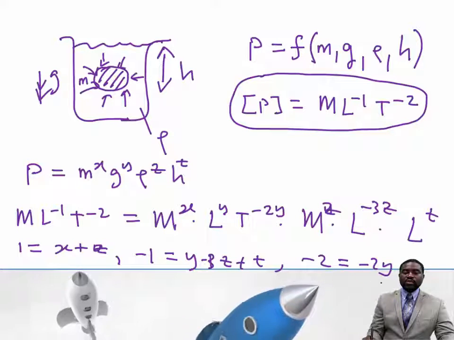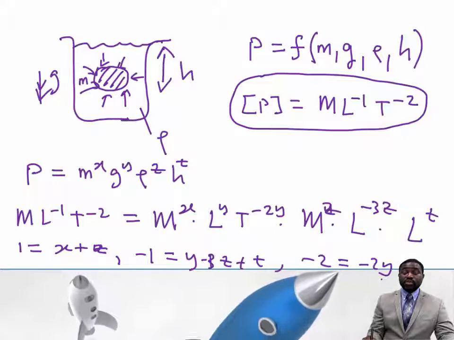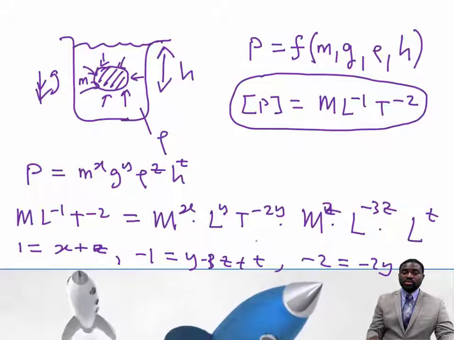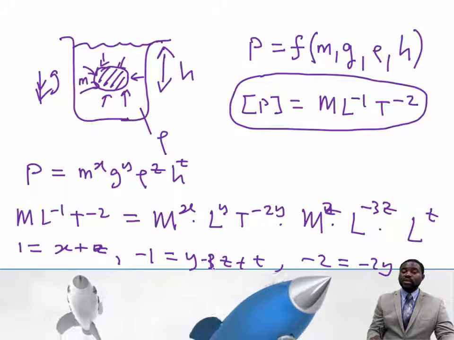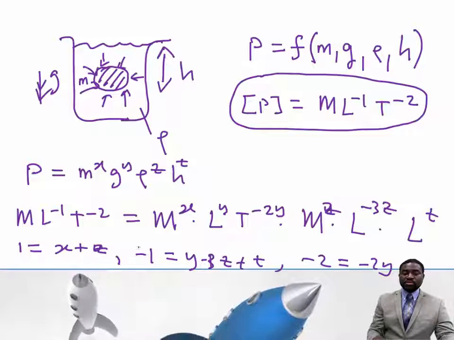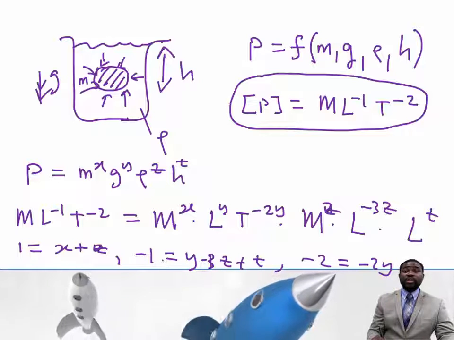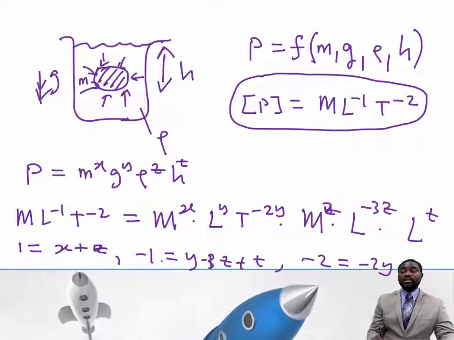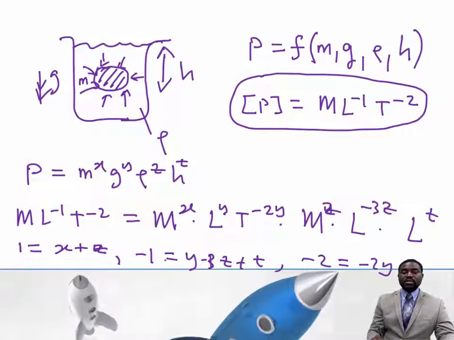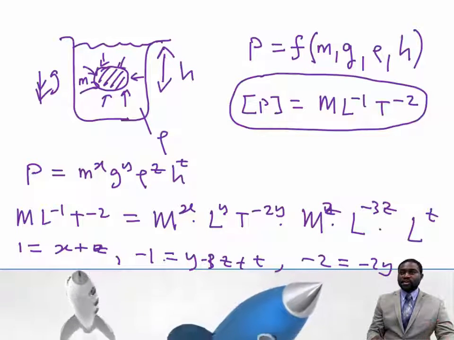You realize that you will determine y in this equation, which is 1. Substitute y in this equation, and then you will get a simultaneous equation in terms of what? x and t. And you will be able to solve for what? x and t, all right? So good luck, and I've given you enough hints.